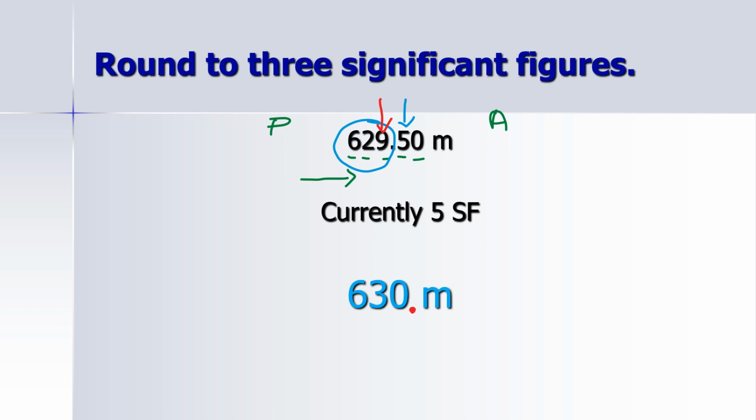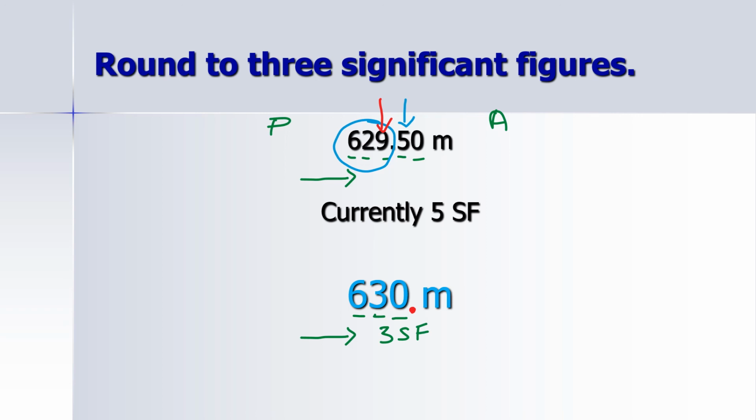So to fix that problem, what we can do is just add a decimal there. So after we have added the decimal, now we will start from the Pacific side, and the first non-zero digit will be 6, and that will be our first sig fig. So in this case, now we are going to have three significant figures in our answer. That's exactly what we need.